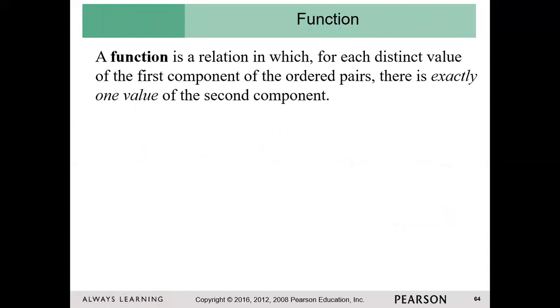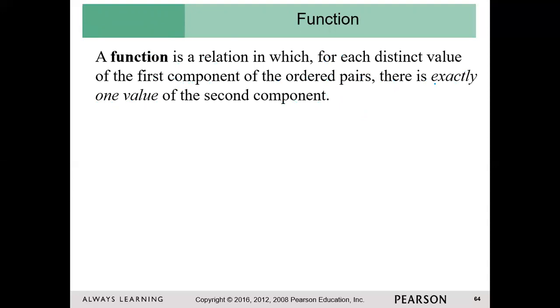So a function is a relation, which means it is also a set of ordered pairs. For each distinct value of the first component of the ordered pairs, there's exactly one value of the second component. So we say that a function is 1 to 1, which means the x values do not repeat. If the x value is repeating, it's because it is going to 2 or 3 or 4 different y values.